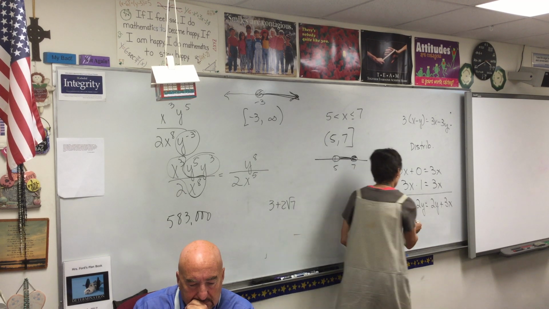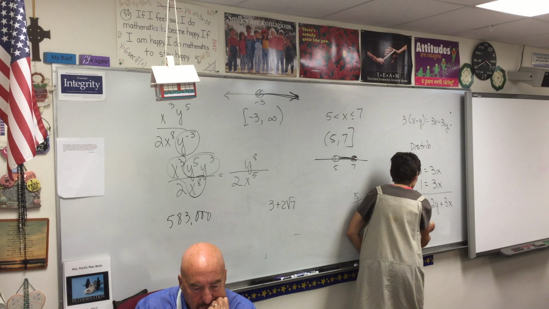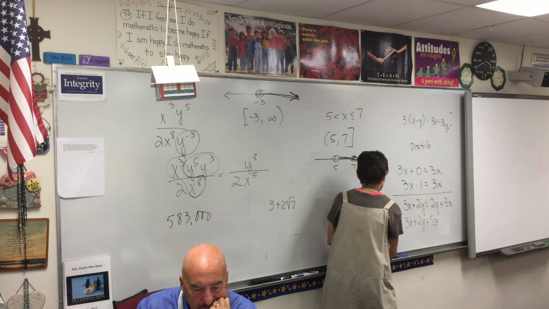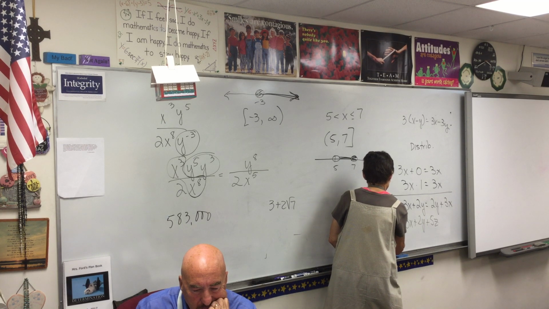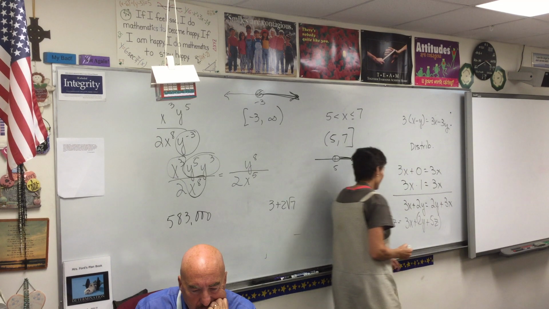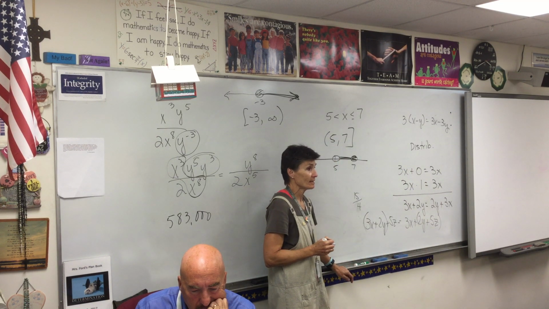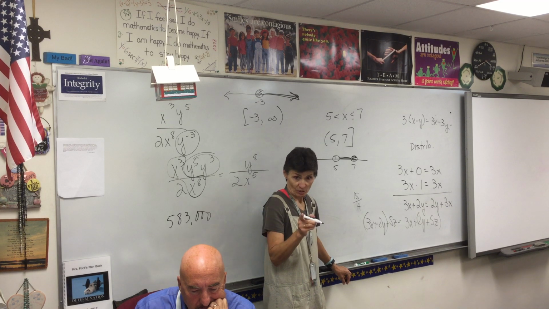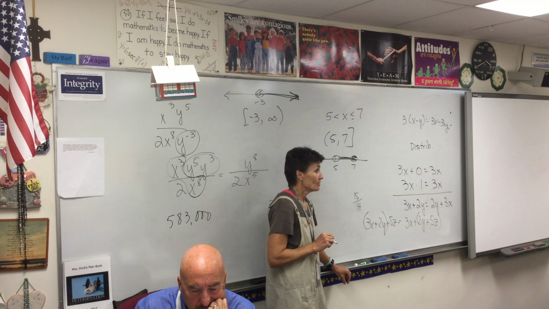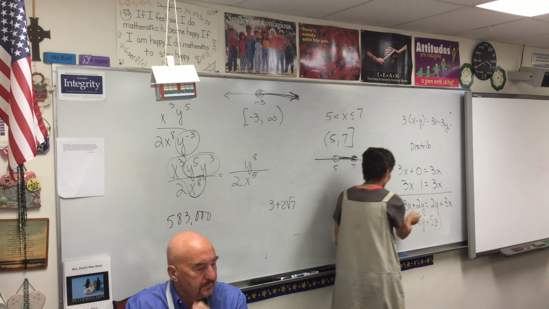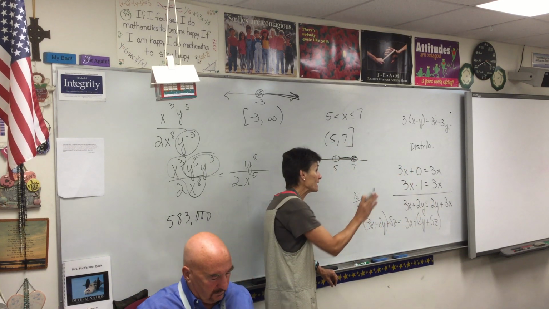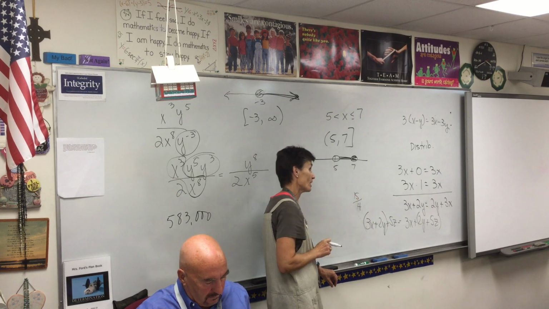As opposed to this, which is not commutative because no order changed. That's associative. Notice 3, 2, 5, 3, 2, 5. The order didn't change. It's only commutative if the order changes.